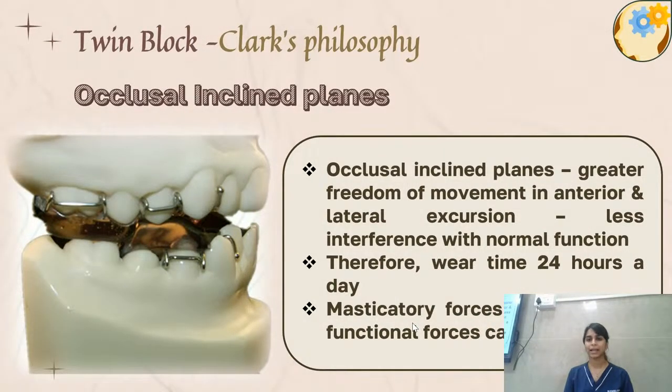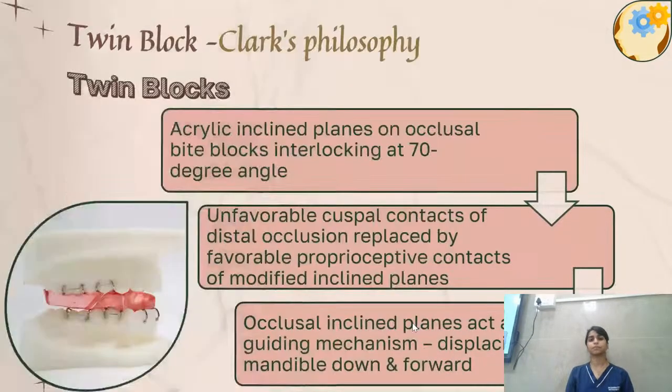The occlusal inclined plane allowed greater freedom of movement in both anterior and lateral excursion. So there was less interference with normal function, which was a big problem in activator and bionator. Therefore, this allowed a wear time of 24 hours a day, wherein masticatory forces could also be put into use in the activity of functional appliance.